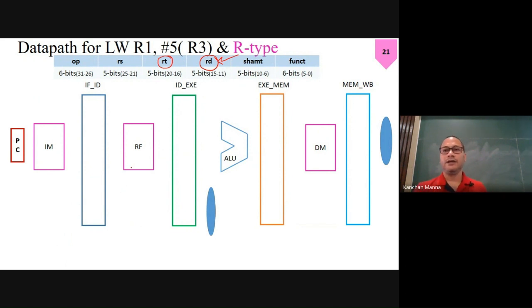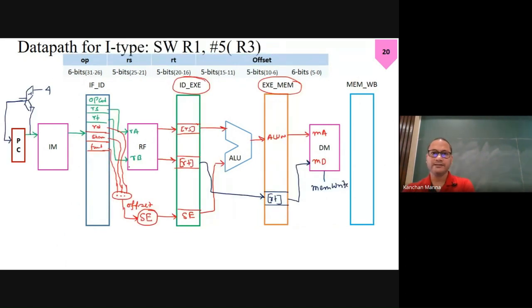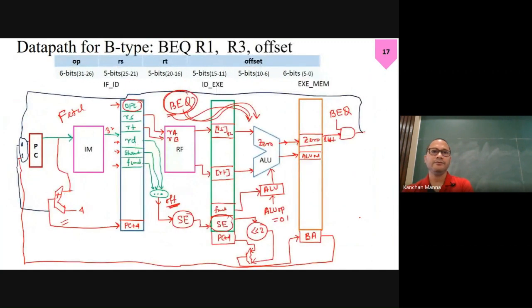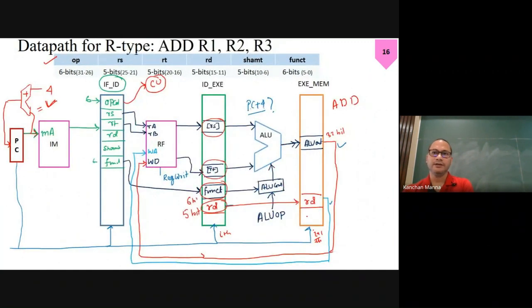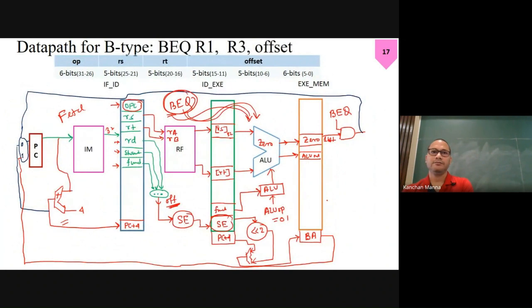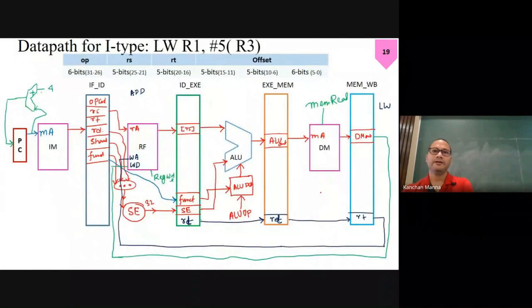Got it? Now if we go back and see, LW is writing from this stage, however R type is writing from here, after EX/MEM. LW is writing from MEM write back.